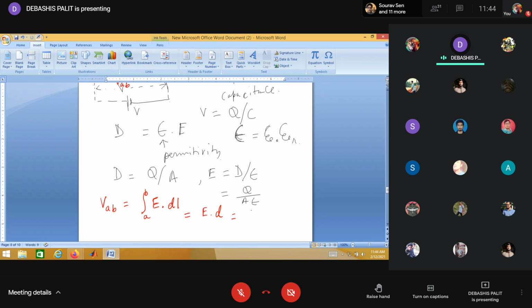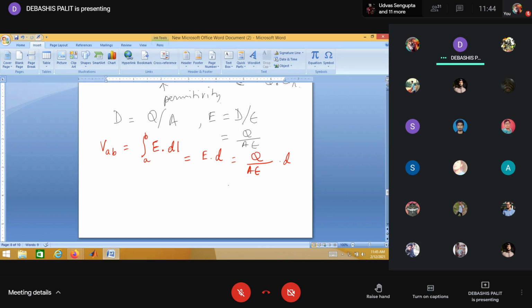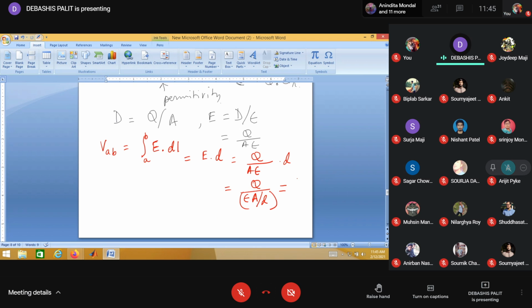So actually E is Q by A epsilon, into d. So that is equal to Q by epsilon A by d. So you know that voltage is equal to charge divided by capacitance.